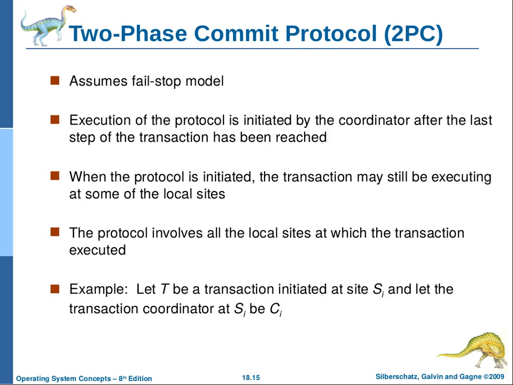Let T be a transaction initiated at site S sub I, and let the transaction coordinator be C sub I, which is the Death Star. And the site is somewhere. S sub I is you. Is me, yeah, we're S sub I. We'll just say that. Okay, great.